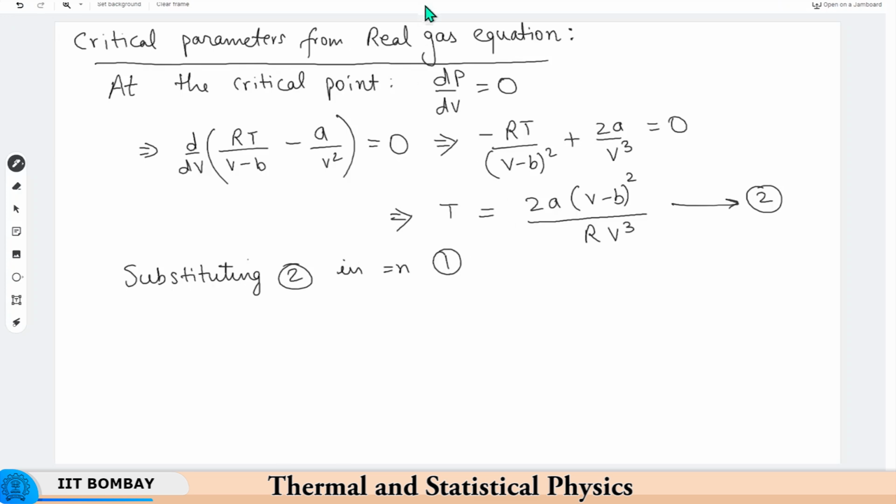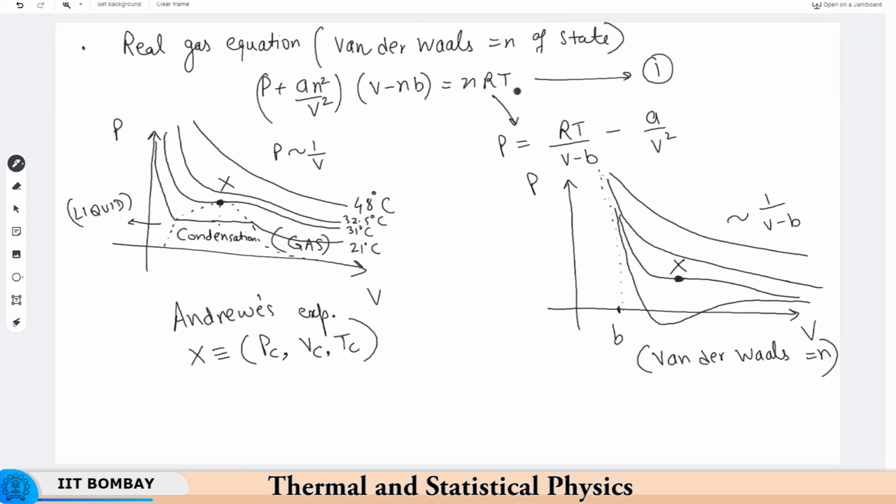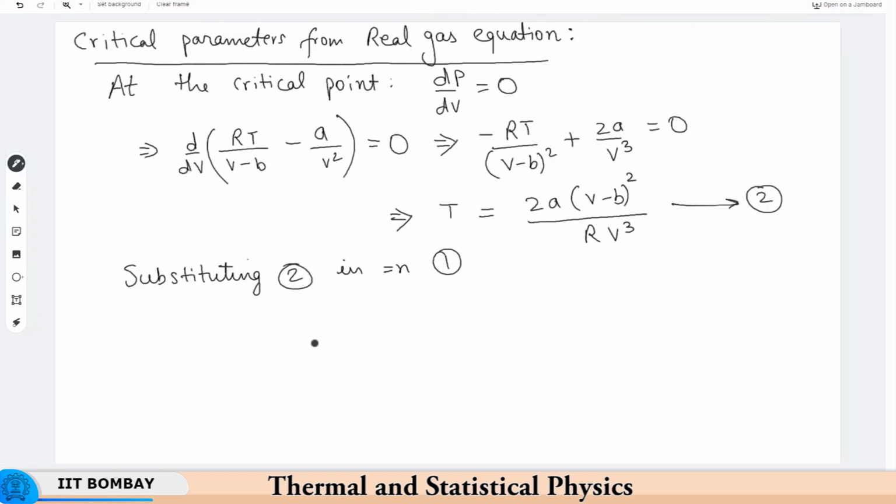So we can see that the pressure becomes R divided by V minus B times 2A times (V minus B) squared divided by RV cubed, minus A divided by V squared, right?